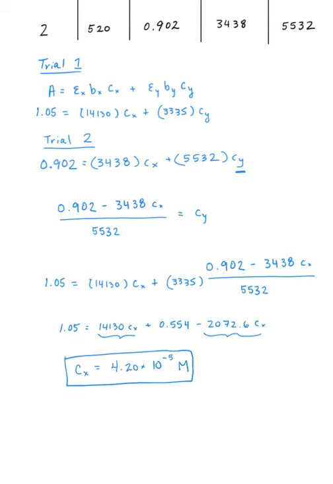If we plug this quantity back into our rearranged expression from up in trial 2, we should be able to solve for the concentration of Y. And when we do that, we end up with a concentration of Y equal to 1.37 times 10 to the minus 4 molar.